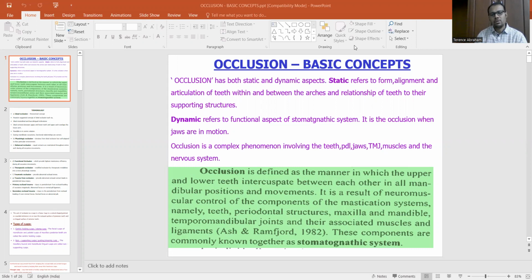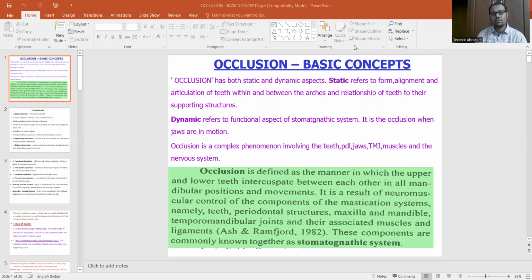Occlusion, we all know, is a complex phenomenon involving numerous components such as teeth, periodontal ligament, jaws, TMJ, muscles, and the nervous system. What is the definition of occlusion? Occlusion is defined as the manner in which the upper and lower teeth intercuspate with each other in all mandibular positions and movements.